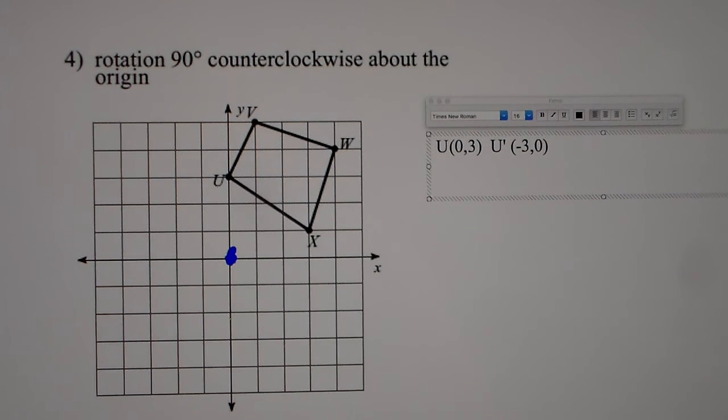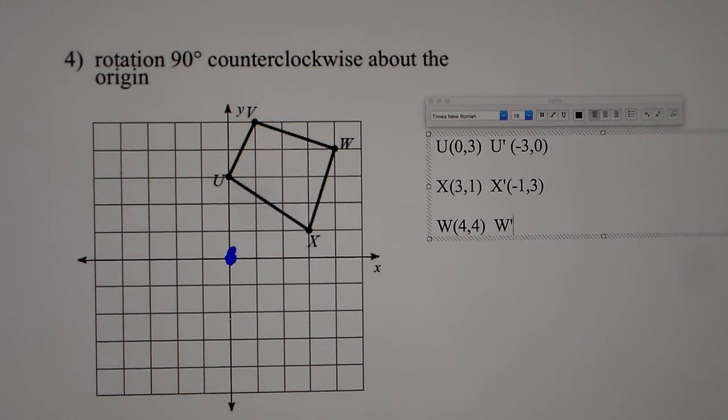Our X is the coordinate 3, 1. So it's going to be negative 1 comma 3 is our X prime. Our W is 4, 4.